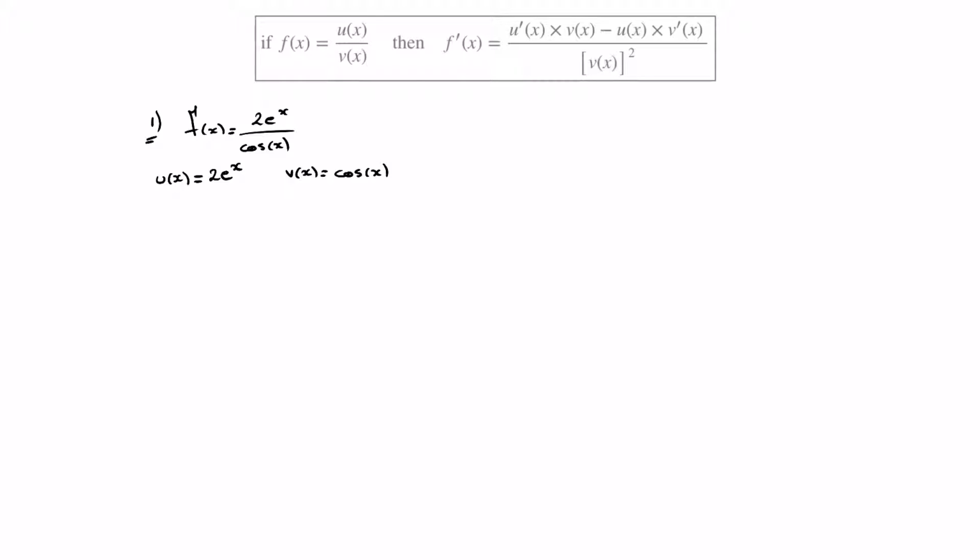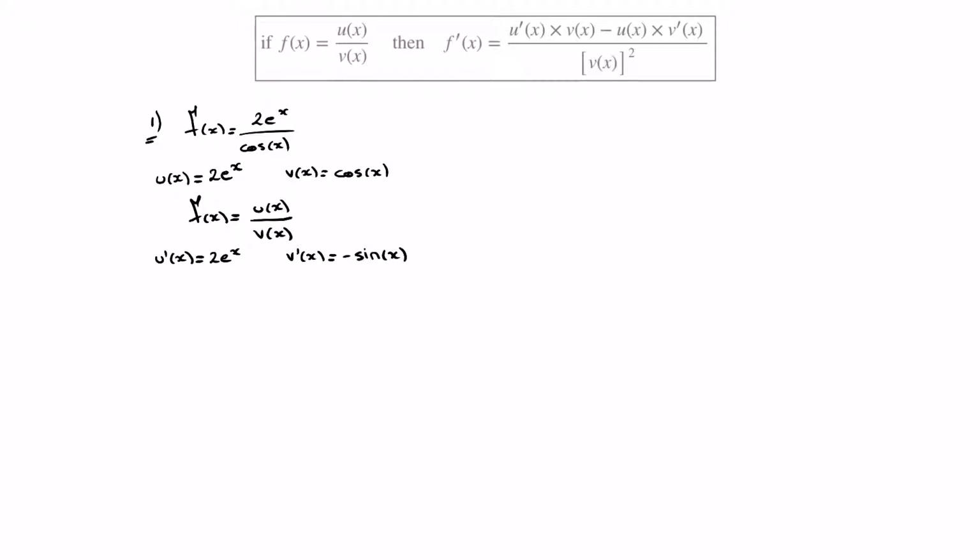So now that we've done this, we can clearly see that we can rewrite f of x as u of x over v of x. Now on top of that, we can differentiate u and v quite simply, and indeed their derivatives would be u dash of x equals 2e^x, and v dash of x would equal negative sine of x.